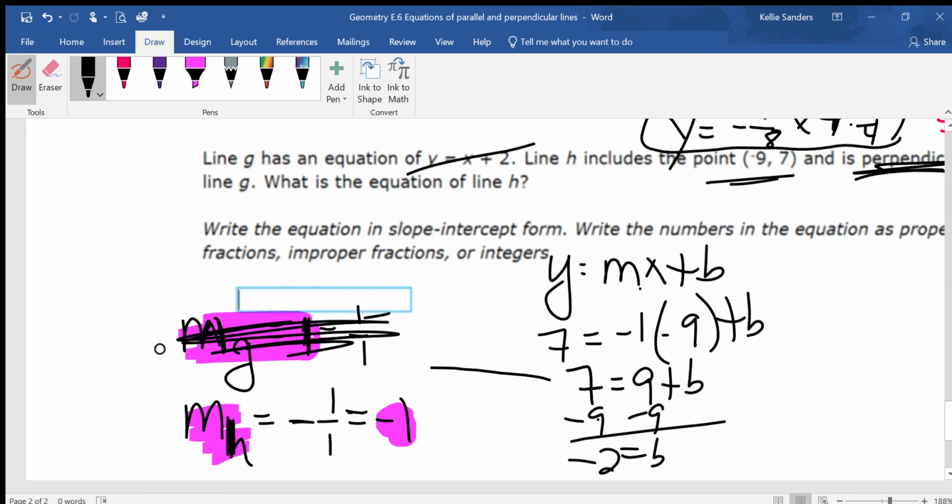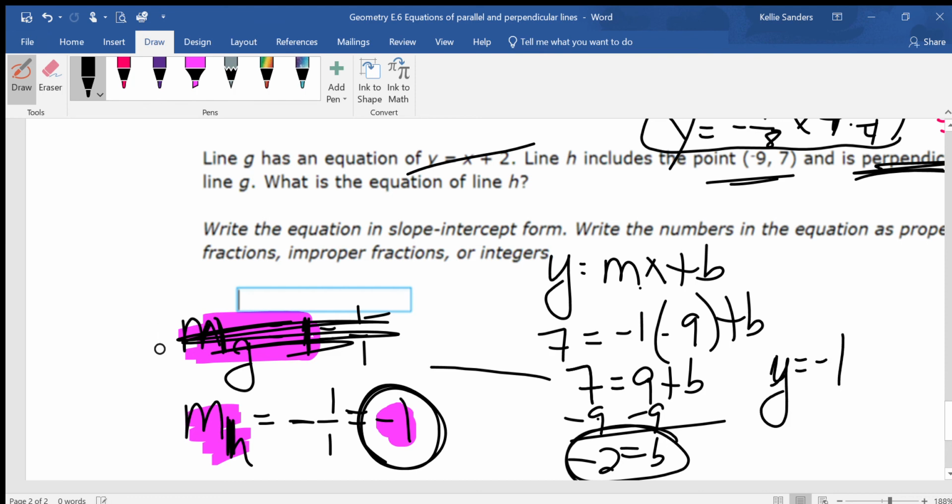Okay, so b is negative 2. Slope is negative 1. So the equation is y equals negative 1x minus 2. That is it. You are finished with Unit E.